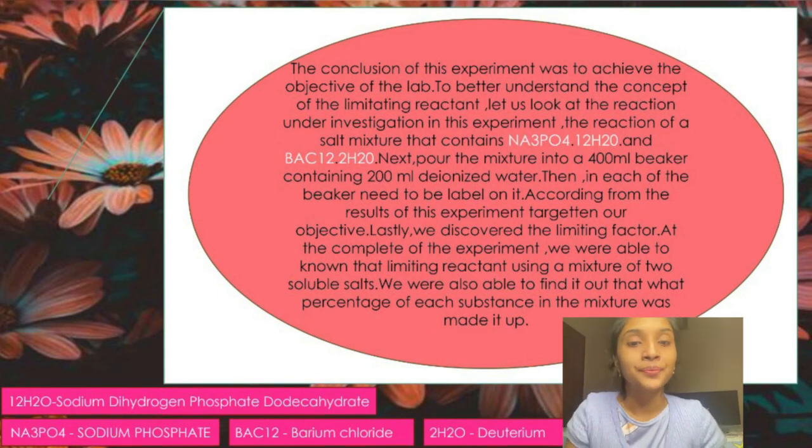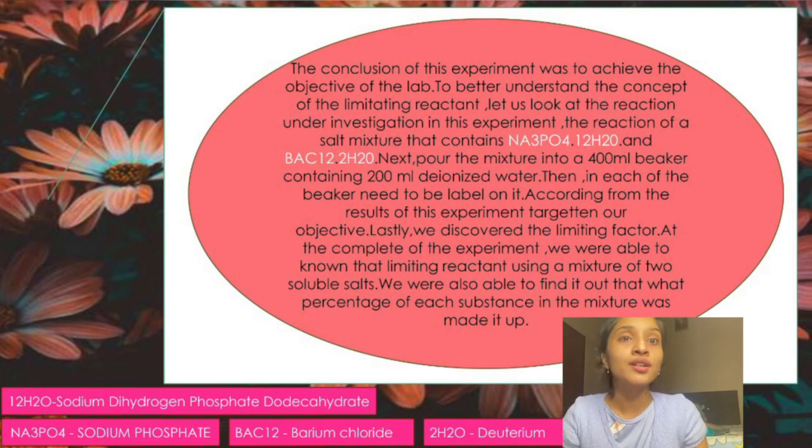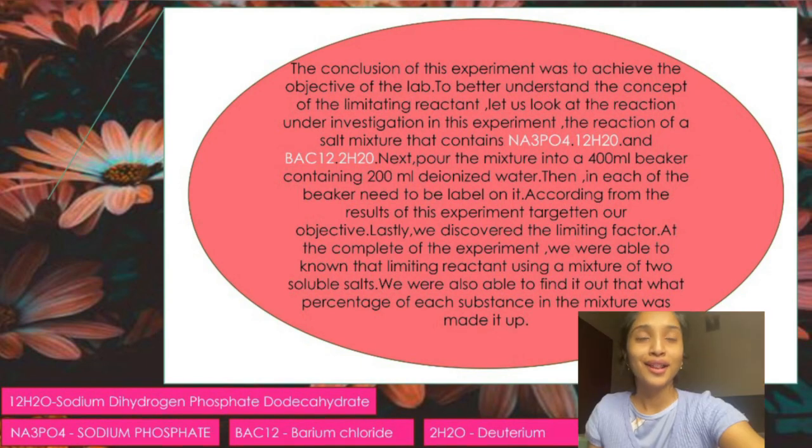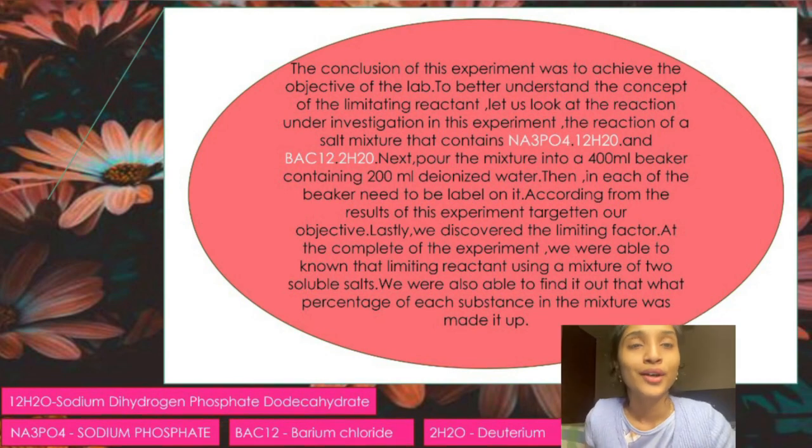The conclusion of the experiment was to achieve the objective of the lab, to better understand the concept of limiting reactant. Let us look at the reaction under investigation in this experiment. The reaction of the solid mixture that contains sodium phosphate and barium chloride.